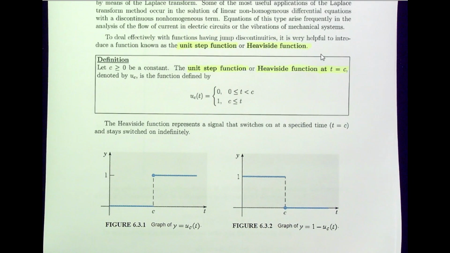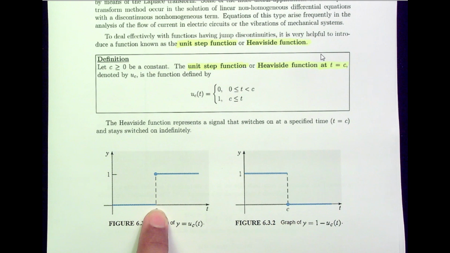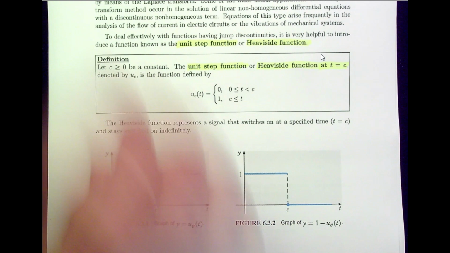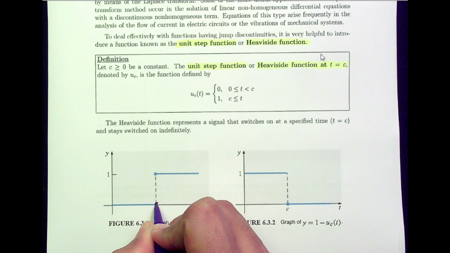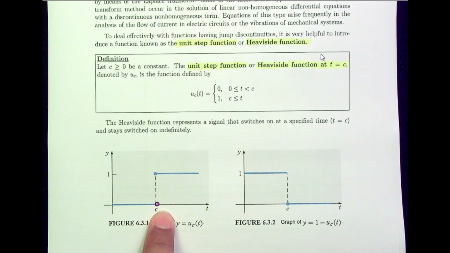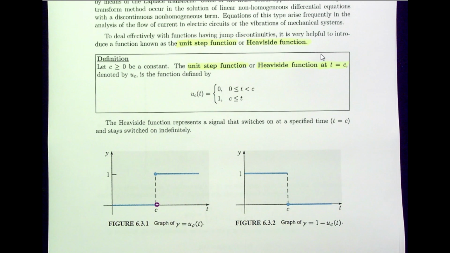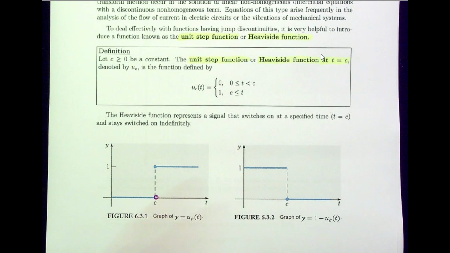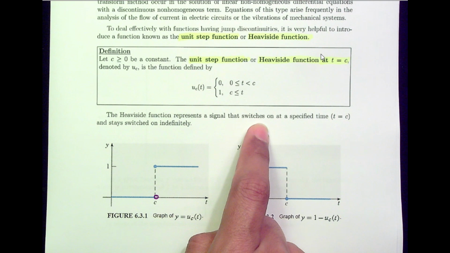And if you graph it, the graph is going to look like this. Between 0 and c, but not including c, so there's a hole there, the value is 0. And then starting at c, which is included, you see it's filled in, the function is constant 1. So the function takes only two values, 0 and 1. And that's supposed to represent a signal that switches on at a specified time.